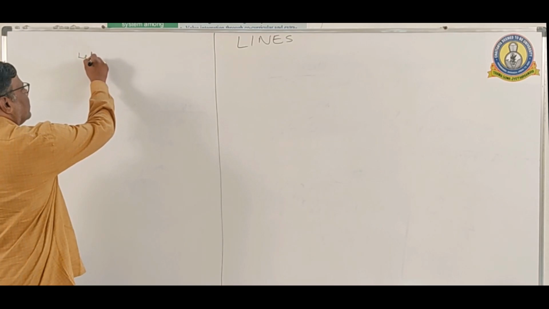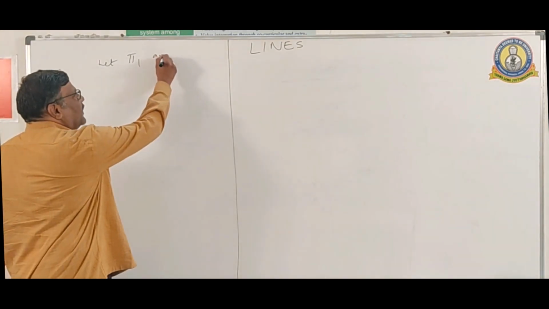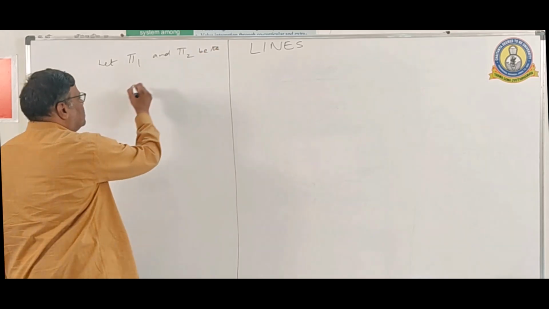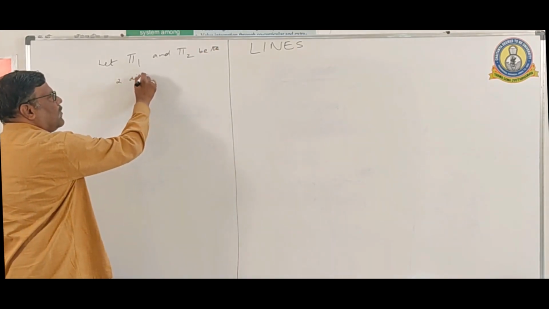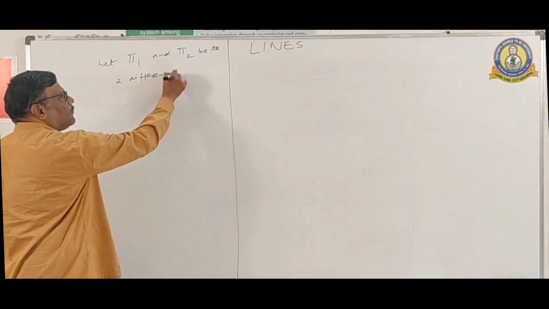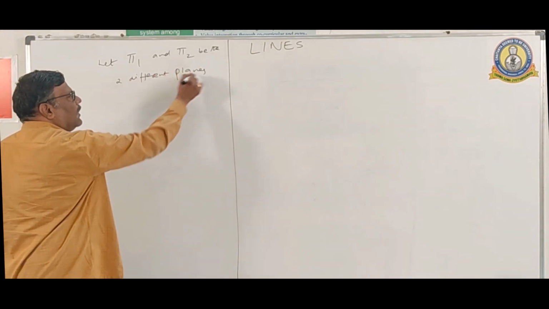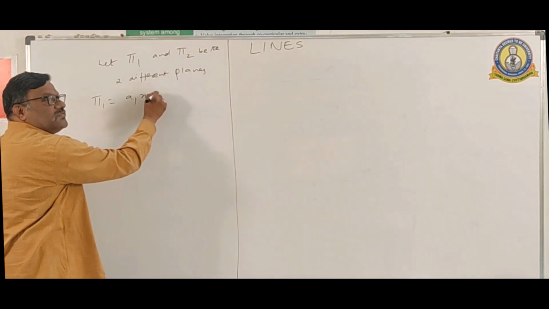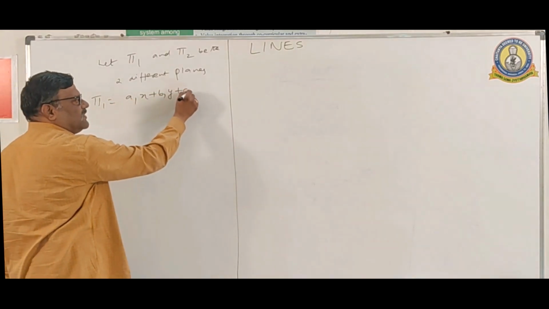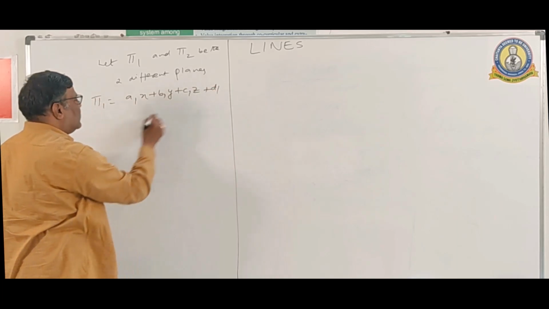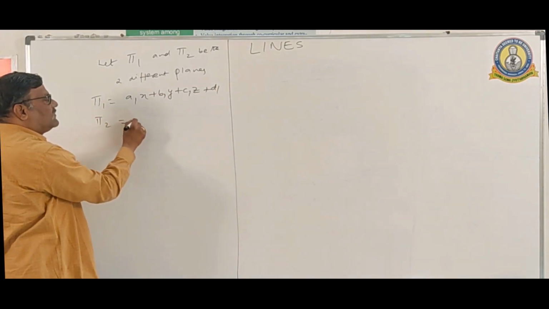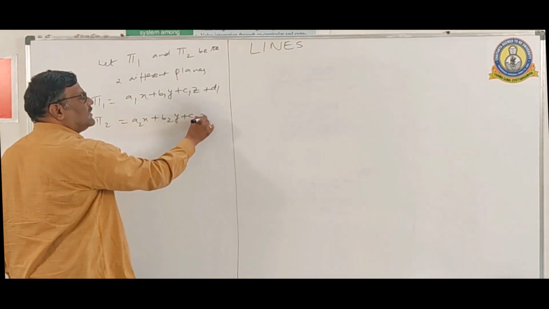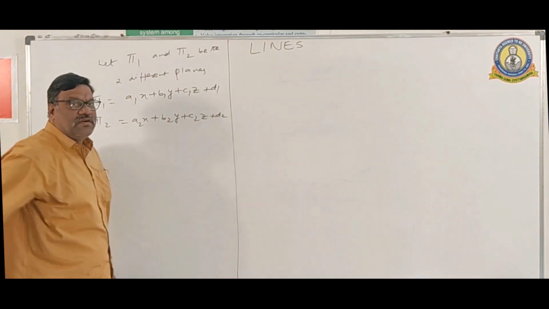Let phi1 and phi2 be the two different planes, where phi1 is defined as a1x plus b1y plus c1z plus d1, and phi2 is defined as a2x plus b2y plus c2z plus d2. These are two different planes.